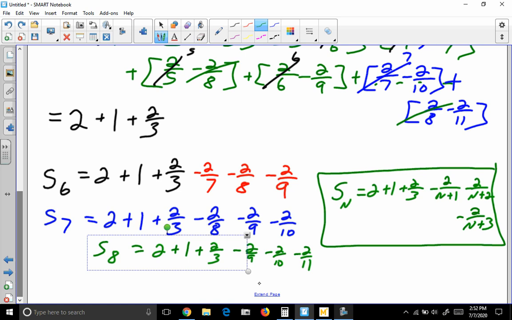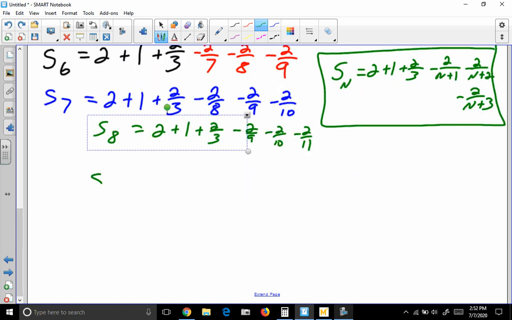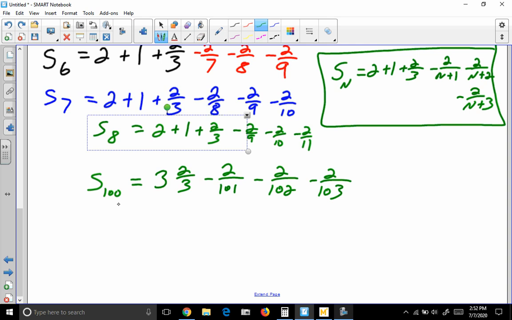If we want to find out what we get when we add our first 100 terms together, we would have a 2 plus 1, that's 3, plus 2/3, we could call that 3 and 2/3. Then we'd have a minus 2 over 100 plus 1, a minus 2 over 100 plus 2, and a minus 2 over 100 plus 3. So that would be adding the first 100 together.